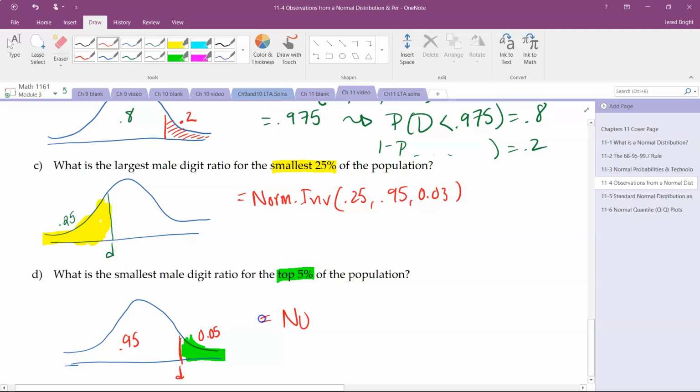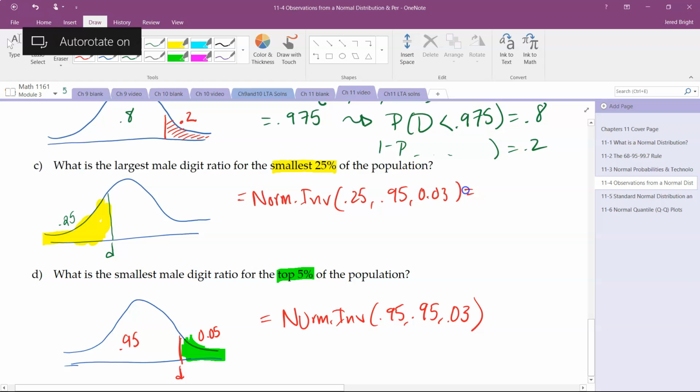I should do equals here. norm.inv of 0.95, 0.95, and 0.03. And you can calculate these in Excel. Doing so, you get 0.93-ish for that one if you round a little bit, and then this one you get 0.999.